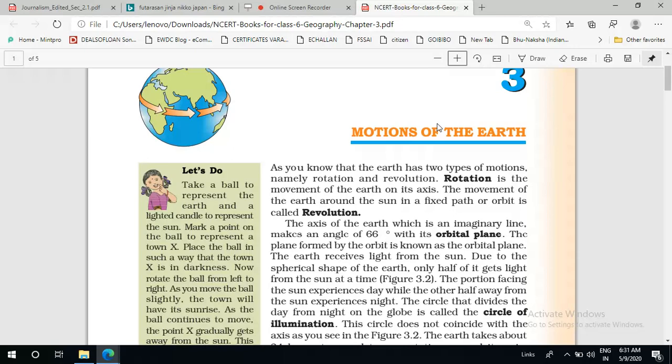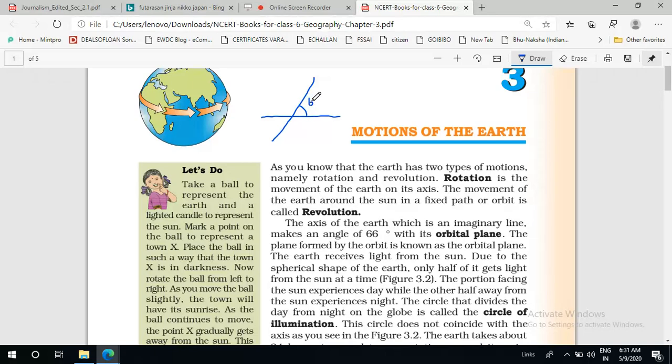So we can imagine the orbital plane as a straight line, and the earth's axis is tilted. It is not a straight line, but it is tilted, and the angle which is formed by the axis with this orbital plane is 66.5 degrees.